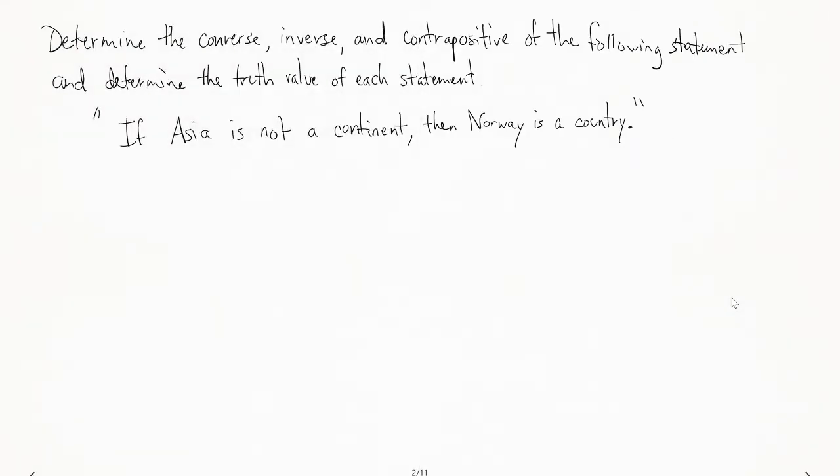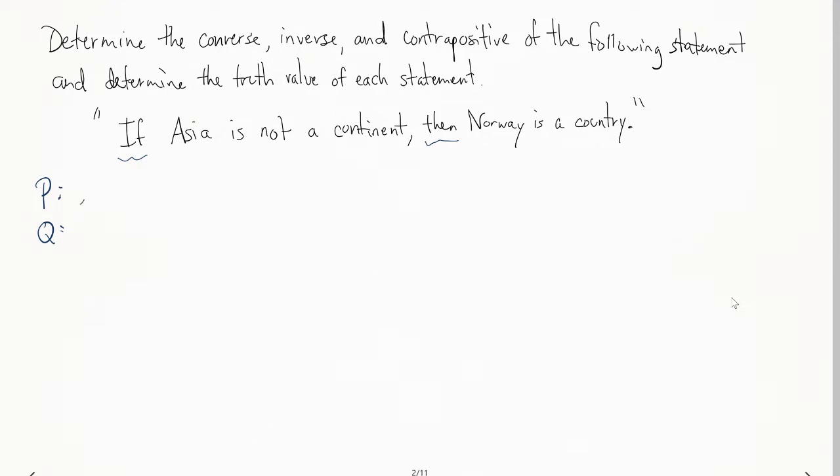So now, getting into the converse, inverse, and contrapositive of the statement, and we want to determine the truth value of each statement. So we'll go through a couple things here. First, when you see this, this is an if-then, or what we also call an implication. So you have if-then, so that means we have a P, which we'll call our hypothesis, and a Q, which we'll call our conclusion.